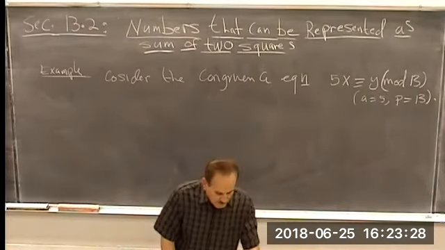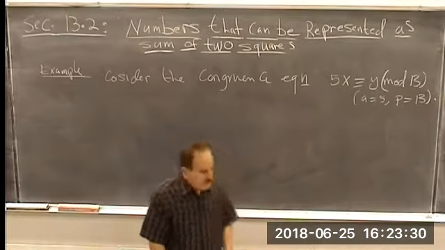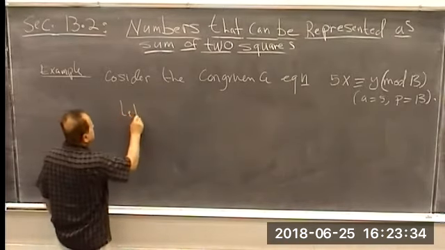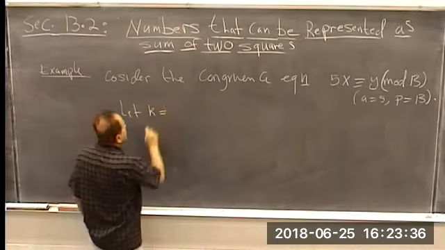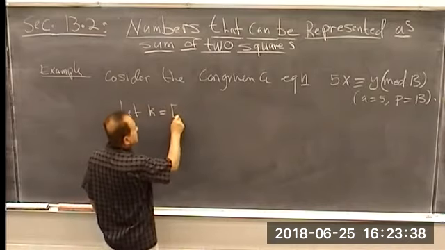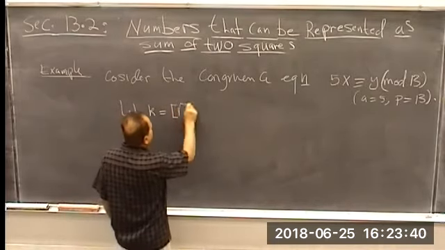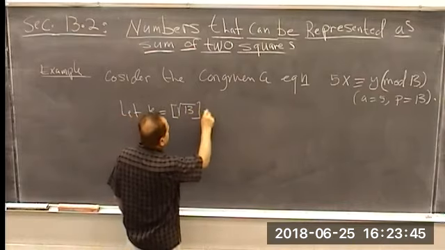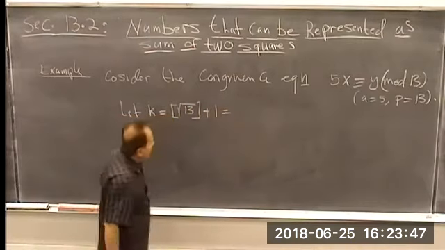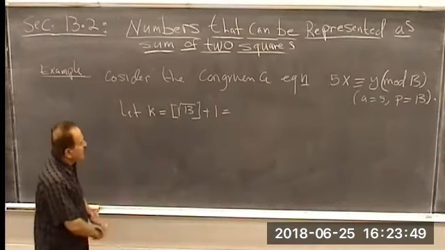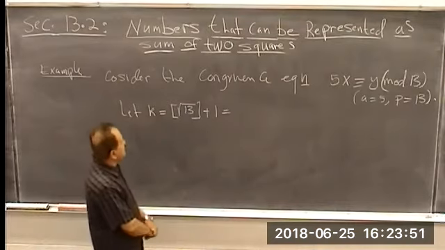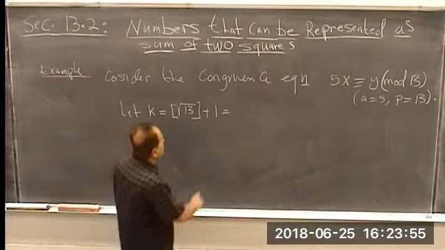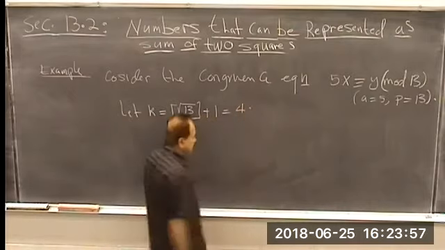All right. So the first thing we want to do is define this integer, call it k, and this one is going to be the greatest integer of the square root of the prime, which is 13 in this case, plus 1. And the square root of 13 is 3 something, so the greatest integer is 3, plus 1 is equal to 4.